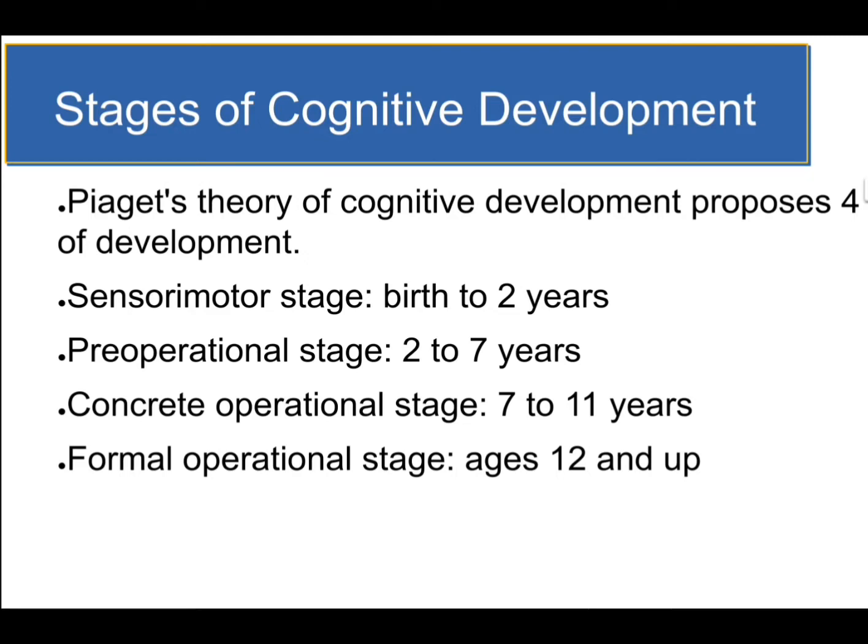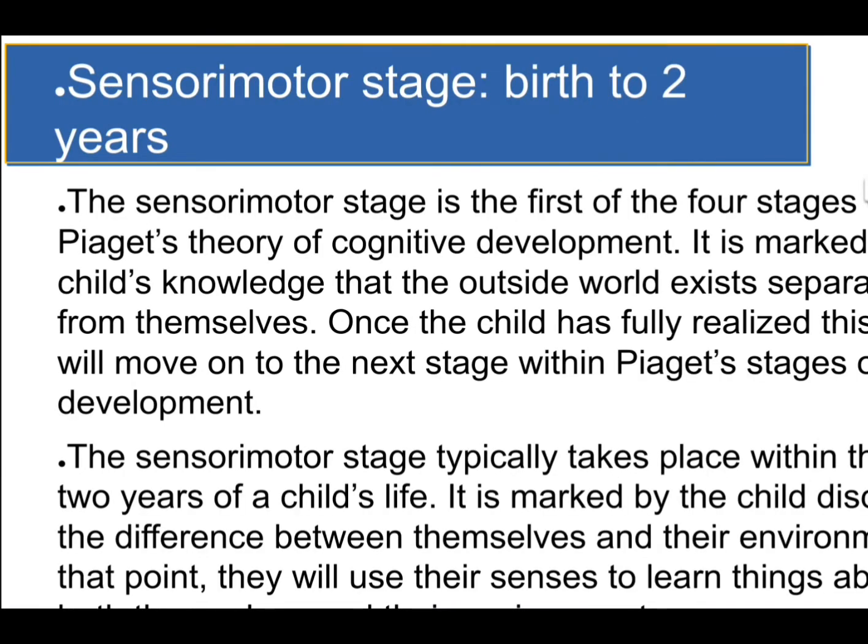Let's see about the sensory motor stage, which starts from birth. The sensory motor stage is the first of the four stages of Piaget's theory of cognitive development. It is marked by a child's knowledge that the outside world exists separately from themselves.